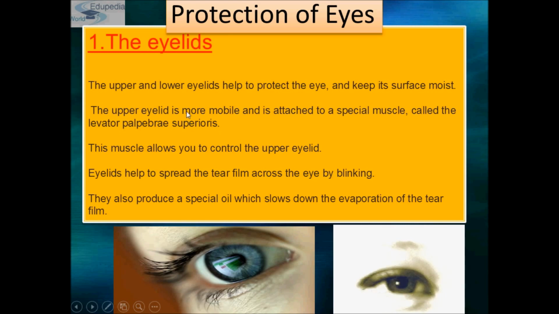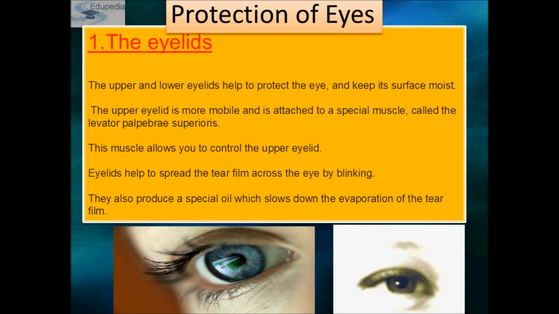Eyelids help to spread the tear film across the eye by blinking. That means every time you blink, these eyelids help spread the tear film across the eye. They also produce a special oil which slows down the evaporation of the tear film.